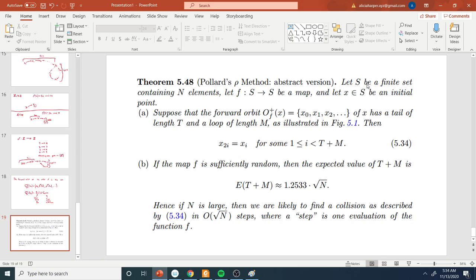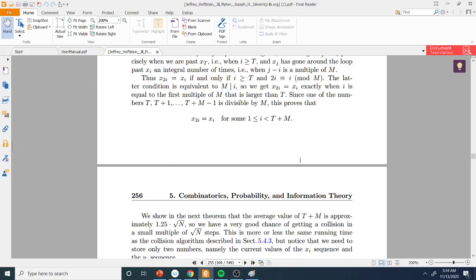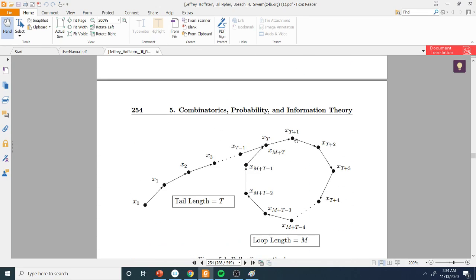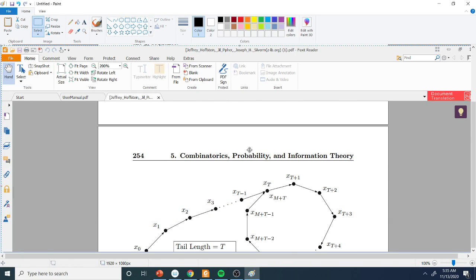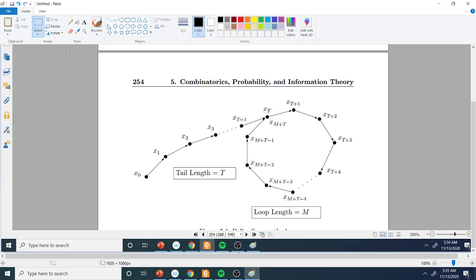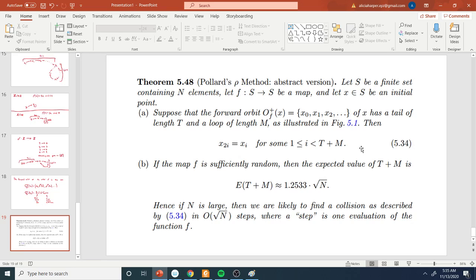I'll just steal the figure from the book. Then you have that x sub 2i is equal to x sub i for some i between 1 and the length of the tail plus the length of the loop.